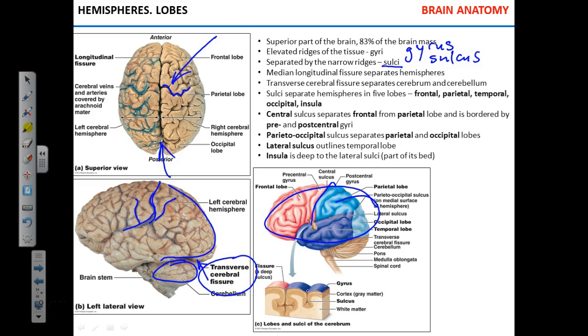But generally, you can see the difference. Look, since I don't have a model, I'm going to show it on myself. Each hemisphere has a frontal lobe. On this picture, the frontal lobe is shown in pink. Parietal lobe, which is shown in light blue. Occipital lobe in the back, which is shown in very light blue. And temporal lobe, which is shown in dark blue.